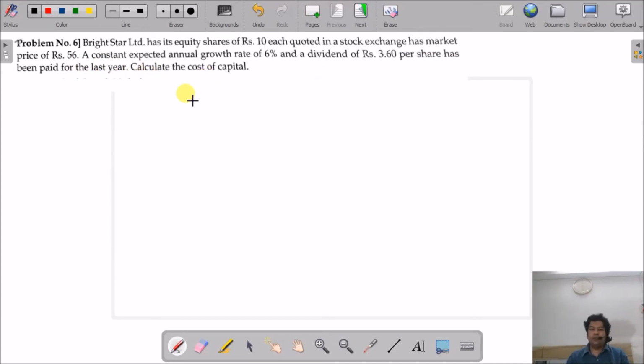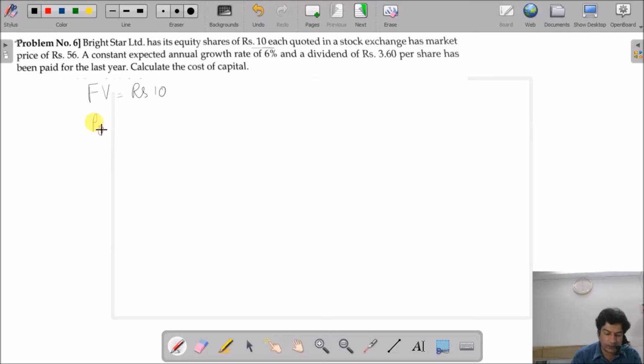Now here they are very much clear that the dividend which they have paid is for the last year. So now we are going to move further and understand the sum. So Brightstar Limited has its equity share of rupees 10. So the face value of the share is rupees 10. Quoted in a stock exchange and has a market price of 56.